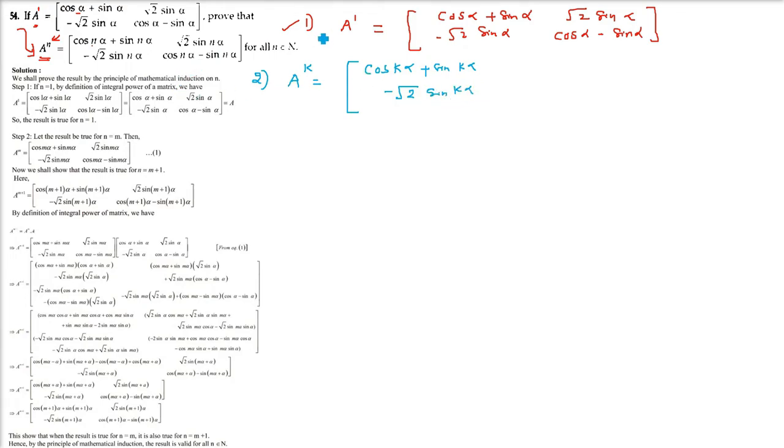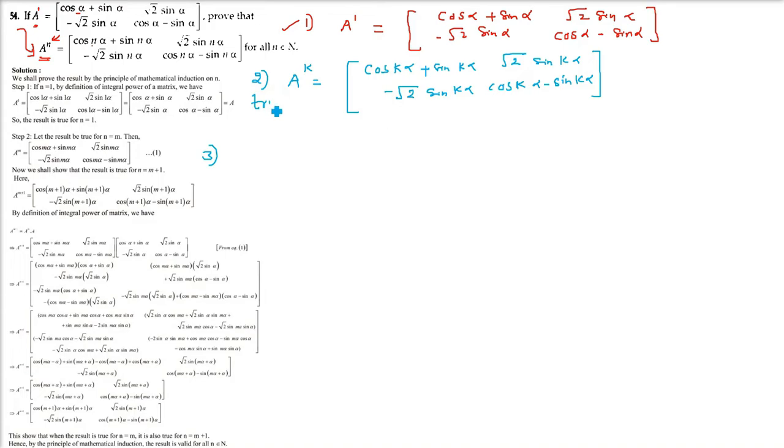Then we have root 2 sin k alpha, and we are replacing n by k. So cos, again in place of n just put k alpha, cos k alpha minus sin k alpha. Now, the next step is, we have assumed that this is true for n equals k.